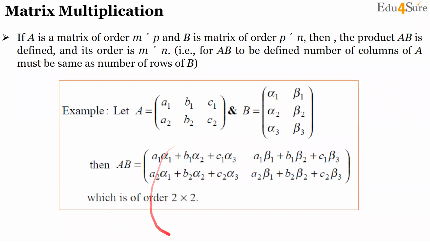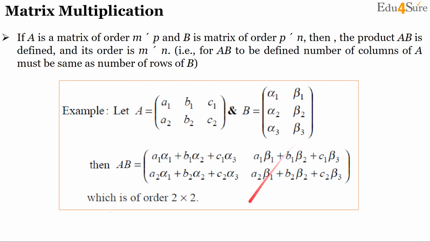So here you can see I have one matrix A, which has a certain set of elements, and I have another matrix B, which has certain elements: alpha 1, beta 1, alpha 2, beta 2. So how are we going to do the matrix multiplication? You can see this matrix is of order 2 cross 3: 2 rows and 3 columns. Whereas B has 3 columns and 2 rows.